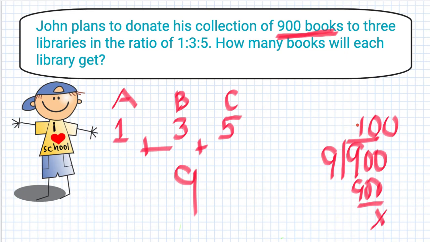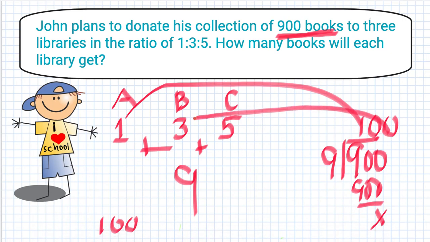You multiply it by each number in the ratio. 100 times 1 is 100, so Library A will get 100 books. 100 times 3 is 300, so Library B will get 300 books. 100 times 5 is 500, so Library C will get 500 books.